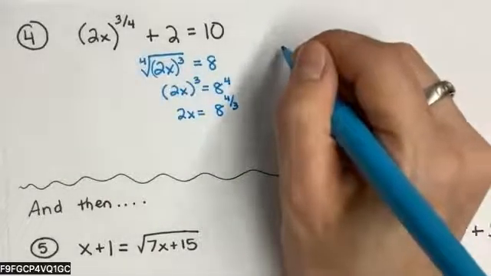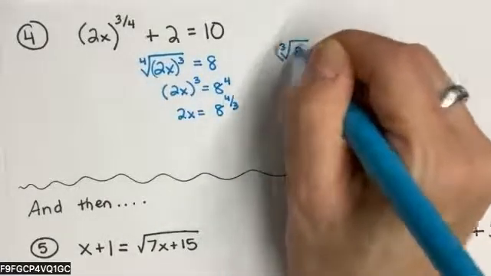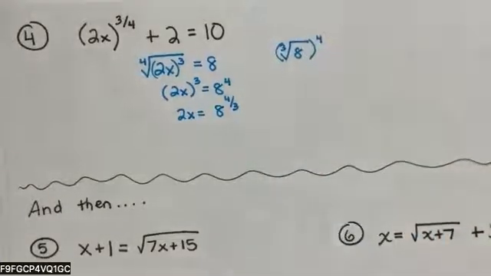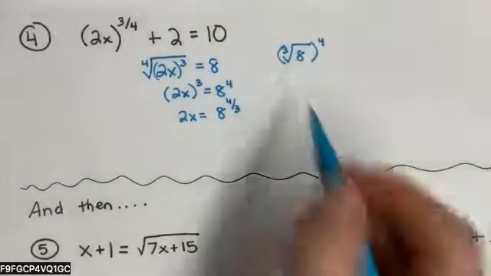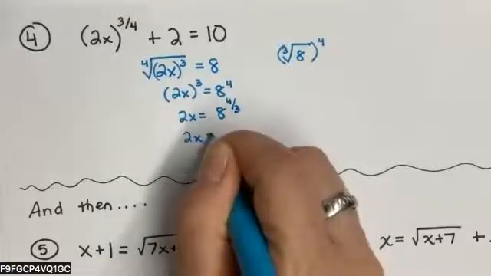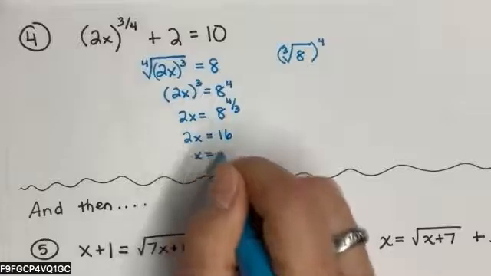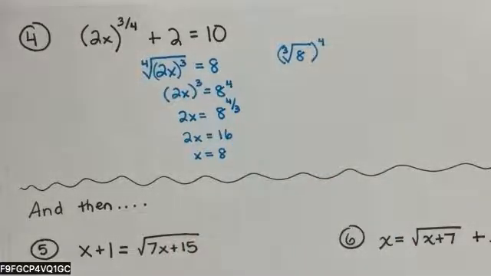Well, 8 to the 4/3, again, if I face plant that fraction and maybe use this version of it, the cube root of 8 is 2, and 2 to the 4th is 16. Of course, I could put 8 to the 4/3 on a calculator as well. And I divide by 2 and I get 8.